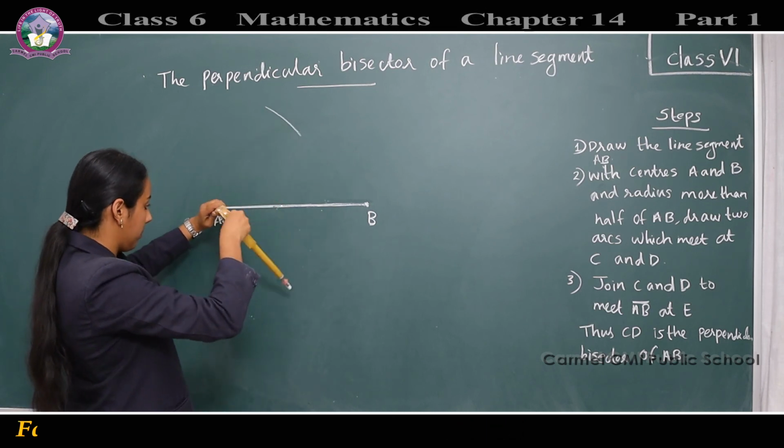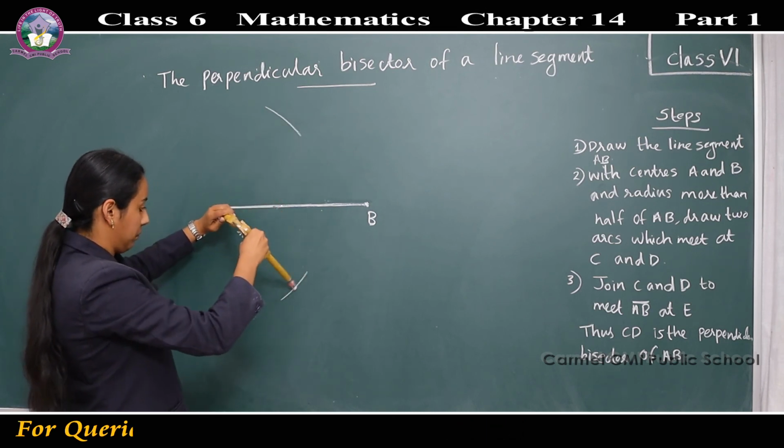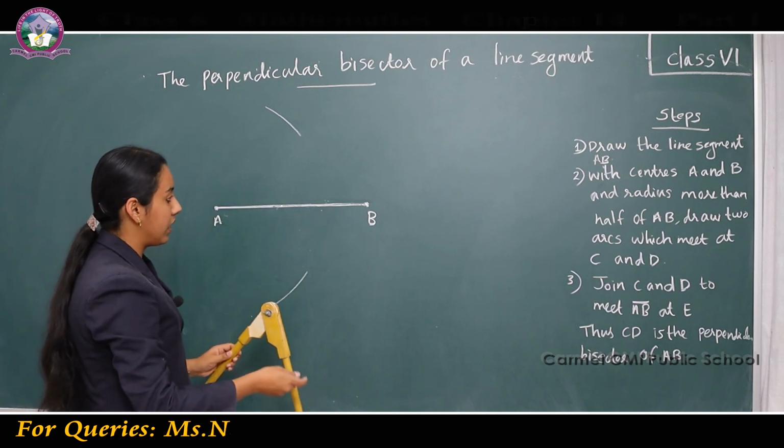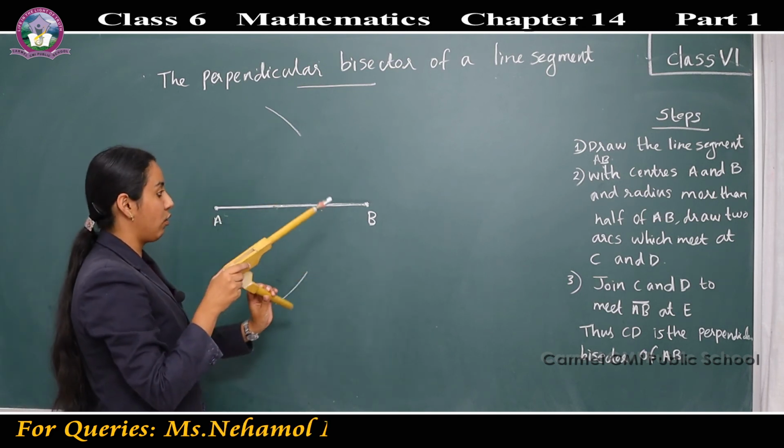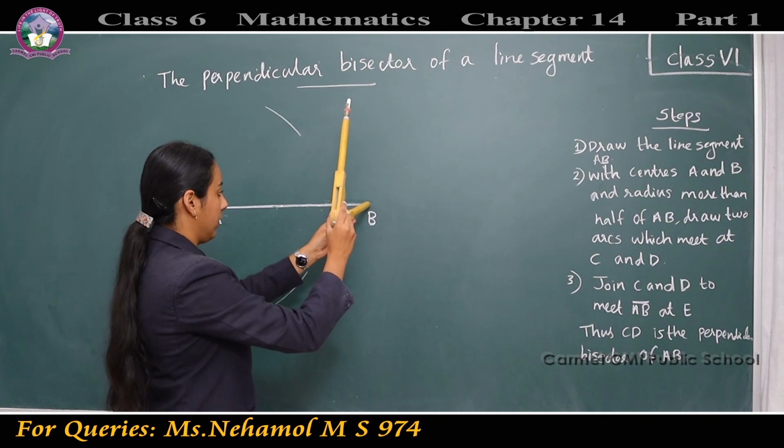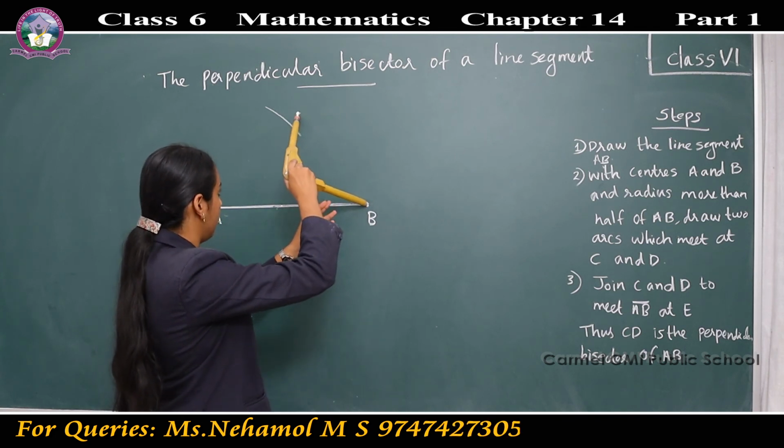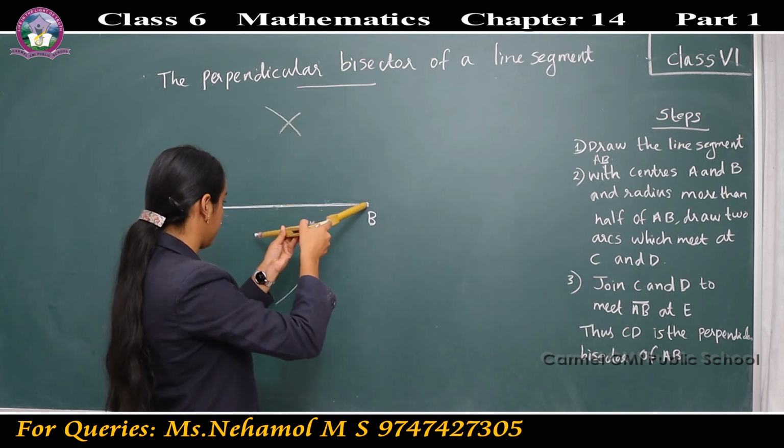One here, one here. Then similarly, without changing the setting of the compass, with B as center, we have to draw two arcs.